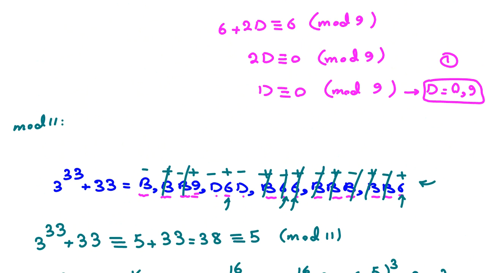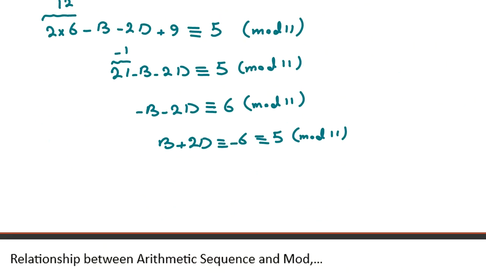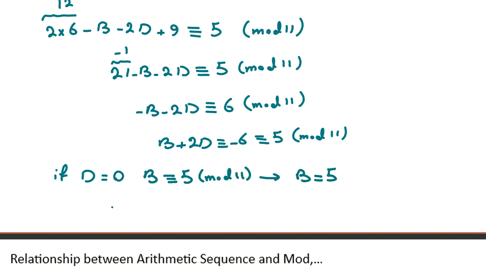Now, we know d is 0 or 9. So let's check. If d equals 0, then b is 5 mod 11. So the only case is b equal to 5.